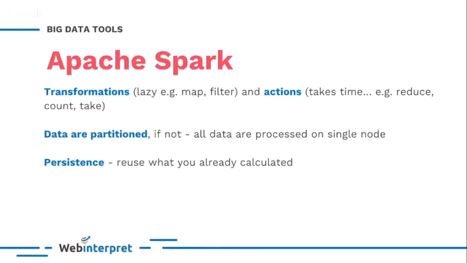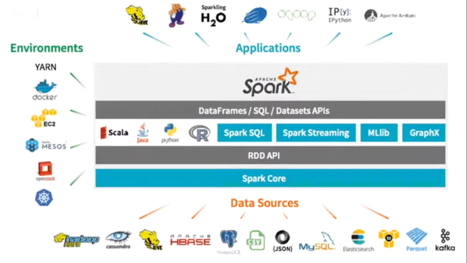And it's reducing, counting, taking some data for you from your sequence. Also, your data structures are usually partitioned. If not, it by default means that you are processing on a single node, and it's not what you usually would like to do. And you can persist your results when you do some operation like map and reduce. Then you can persist the results to not lose time later, just to reuse the data you already calculated.